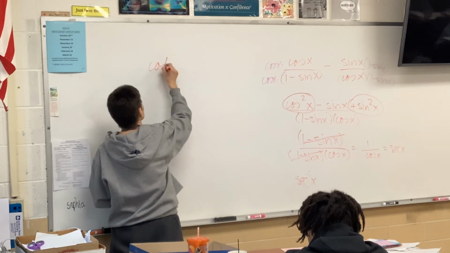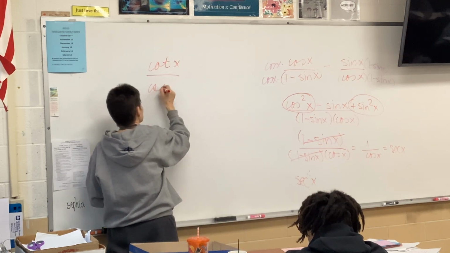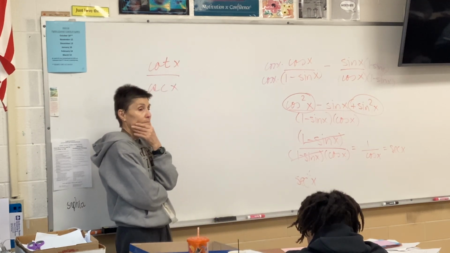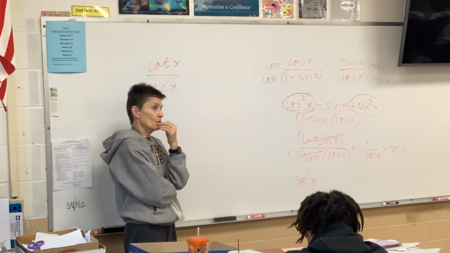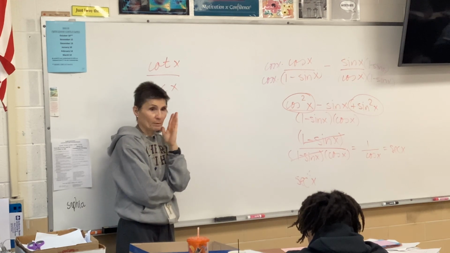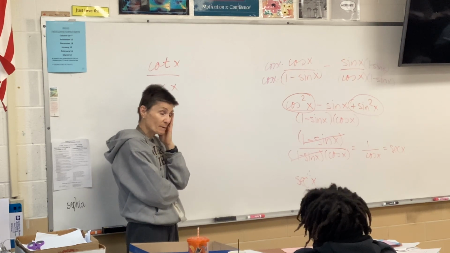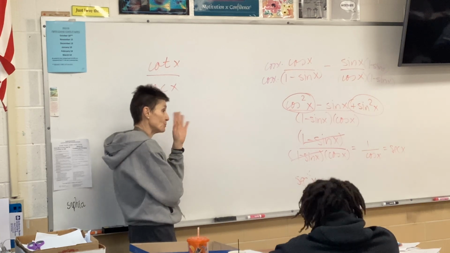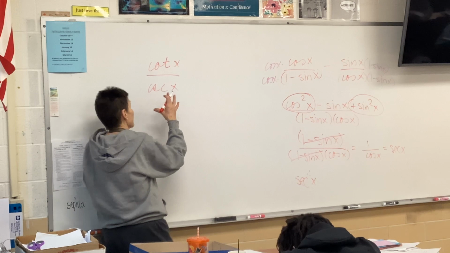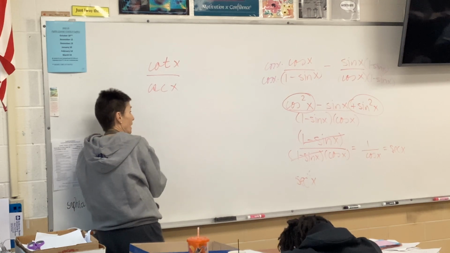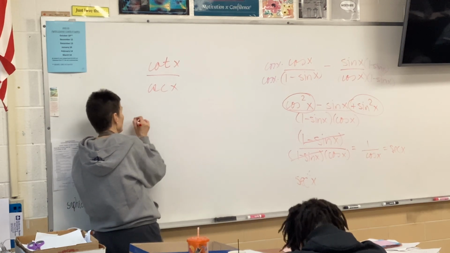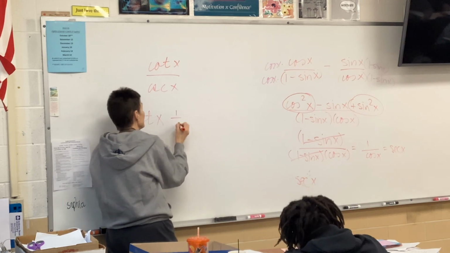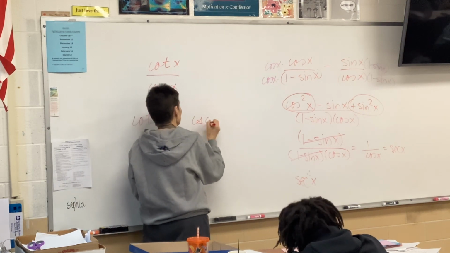Cotangent over cosine. You know how there's always more than one way to do a problem, so I'm going to show you the way that makes sense to me. As long as you end up with the same answer, you can do it another way. But when I see something like this, I immediately want to write it longhand and say this means cotangent divided by cosine.